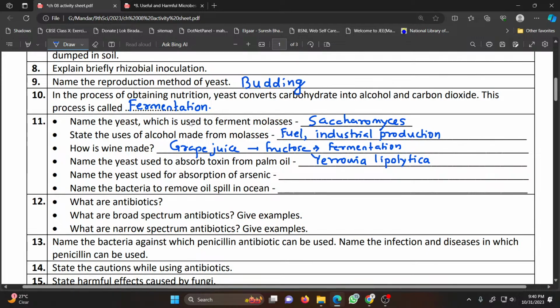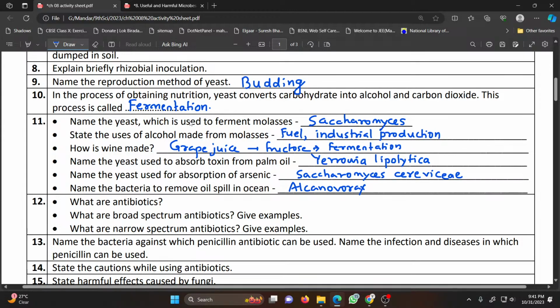It is Saccharomyces cerevisiae. Name the bacteria used for removing the oil spill. It is Alcanivorax.